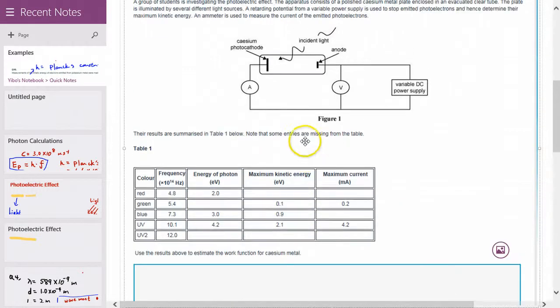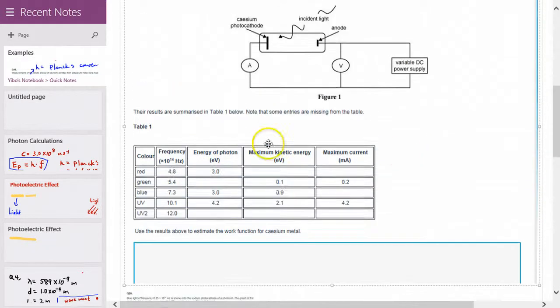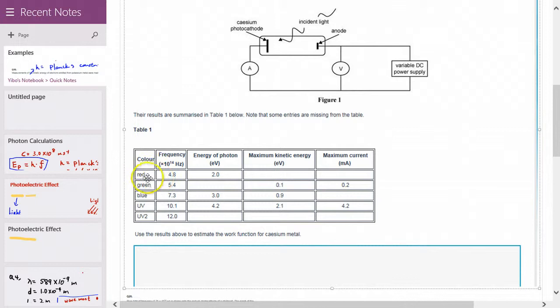We're using metal plates as photodiodes. He used different colors of light, different frequencies of light, and found the energy of the photon and the maximum kinetic energy of the electrons. Also, he calculated the current.